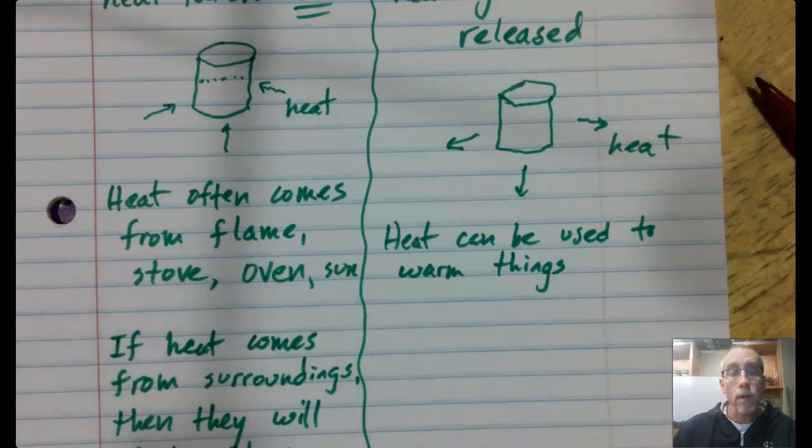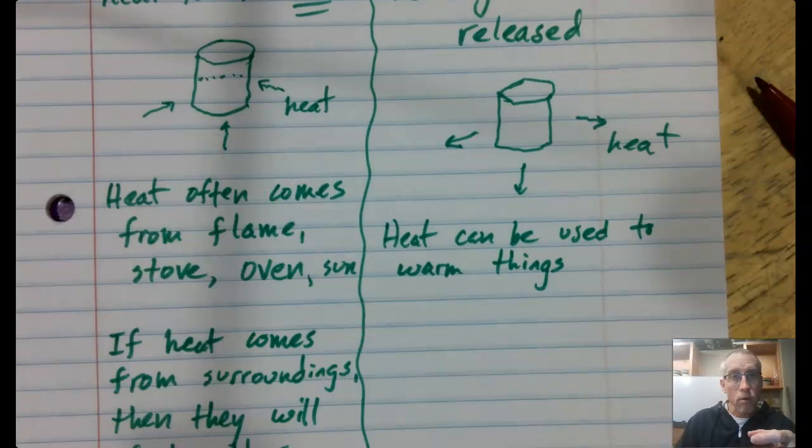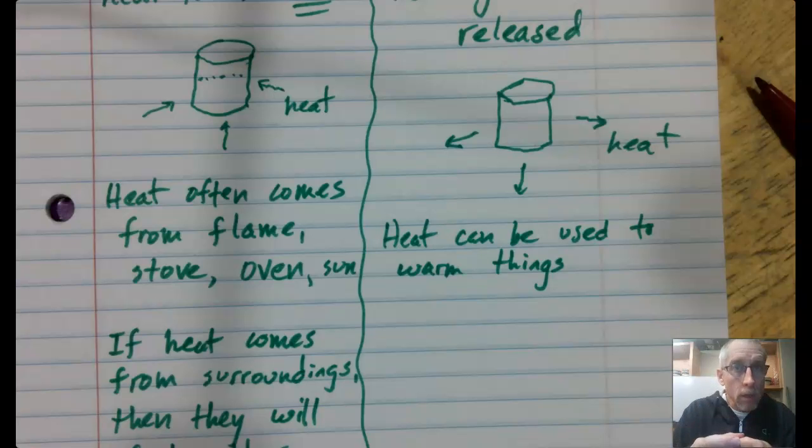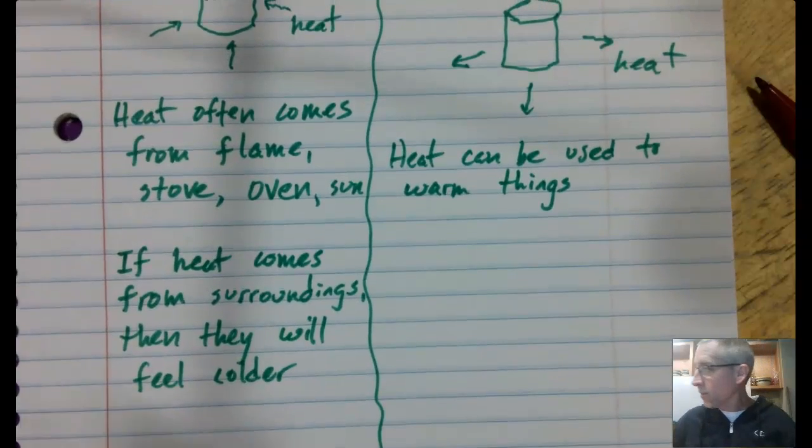So that's often like your hand. So if you were holding this container, and just look at this picture up here. In order for that process to happen, we need to have some heat come from somewhere to go into the container for that reaction to occur. Well, if you're holding the container, it will take heat from your hand. And if it takes heat from your hand, it will feel colder, okay?